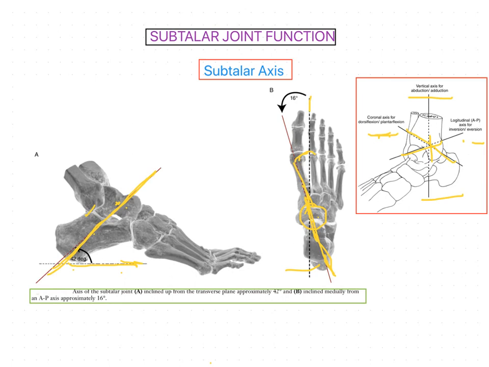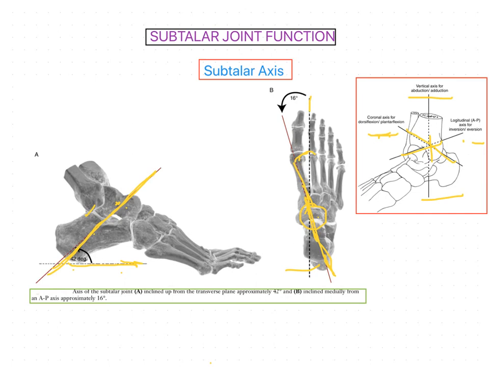So it is cutting all these axes, which causes these composite movements, that is, a combination of movements takes place. During supination, what are the component movements, and during pronation, what are the component movements that take place.